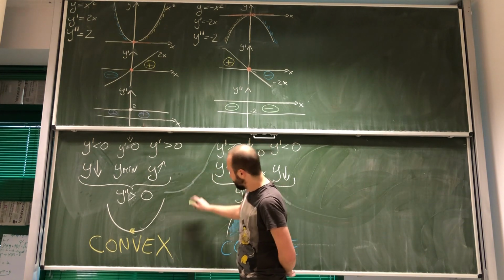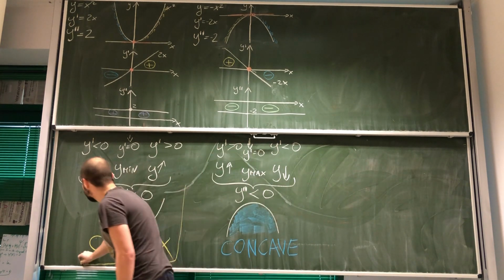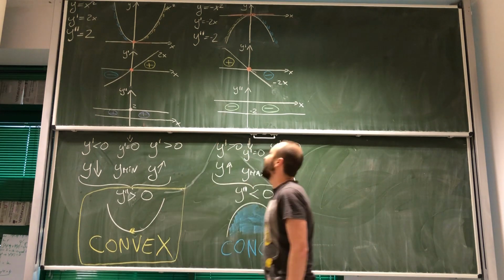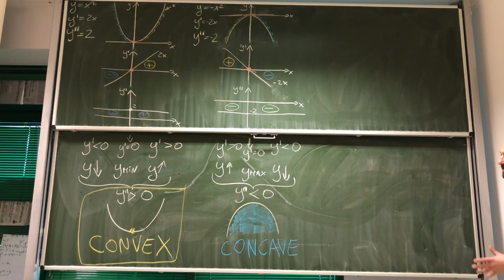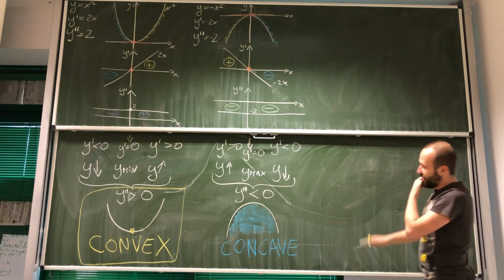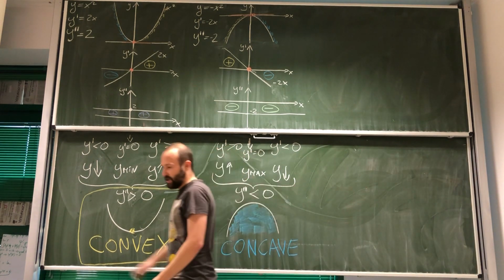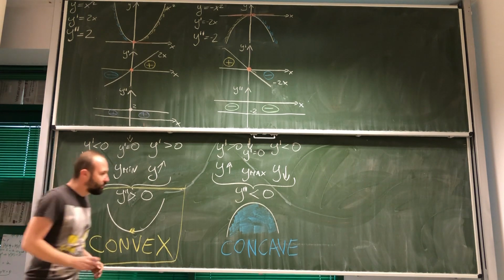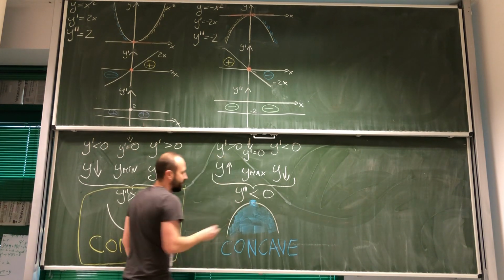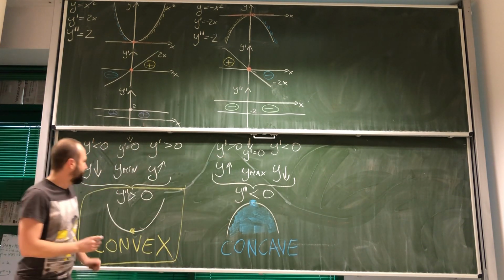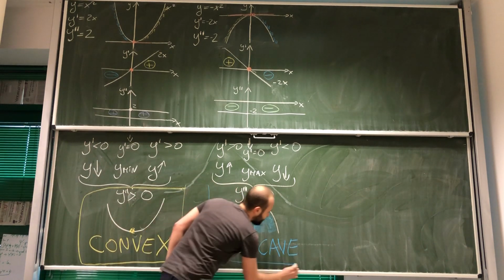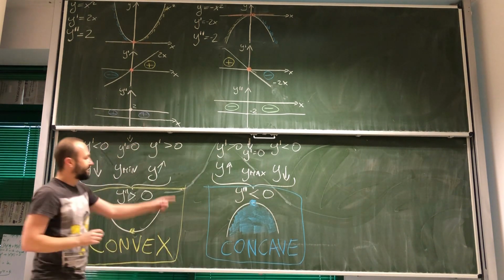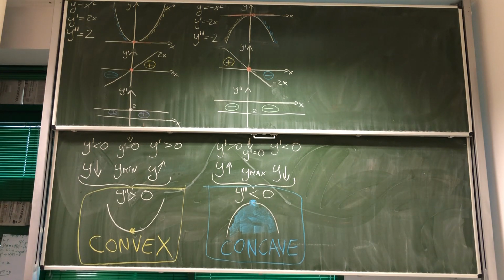And look, it turns out, as you see over here, that this convex shape is always present as long as the second derivative is positive. Now, the concave shape that we see over here is the only one that can produce a maximum. And this concave shape can only be produced with the second derivative being lower than 0.